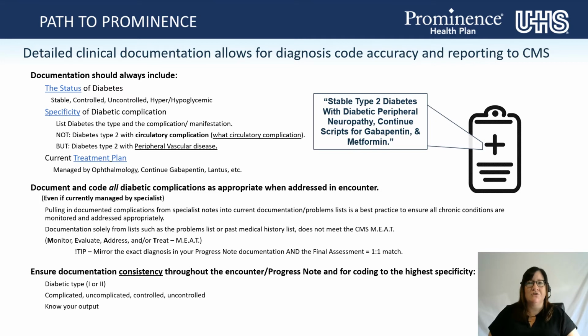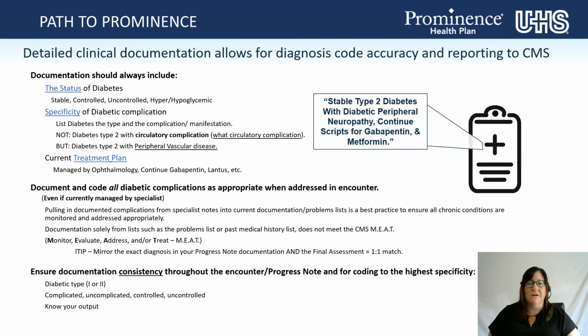Ensure documentation consistency throughout the encounter and the progress note for coding to the highest specificity. Make sure that if it's type 1 diabetes, that it's type 1 diabetes throughout the entire encounter, or if it's type 2 diabetes, that it's type 2 diabetes throughout the entire encounter. So there isn't documentation of type 1 and then somewhere else in the progress note type 2.